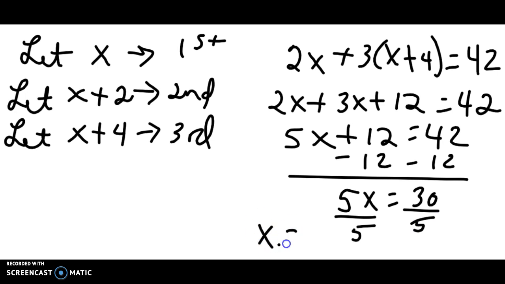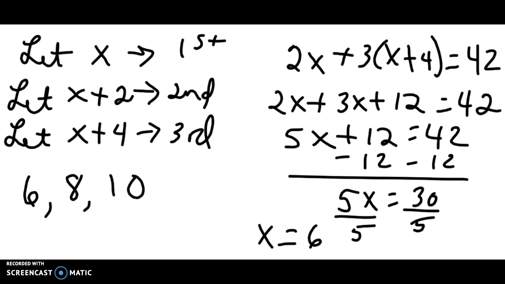So x equals 6. So x is my smallest number. Okay, and now I'm going to use my let statements for my second one. So my smallest number is 6. Now for the second one, it says x plus 2, so I'm going to substitute in 6. 6 plus 2 is 8. And then I'm going to substitute in 6 plus 4 gives me 10.